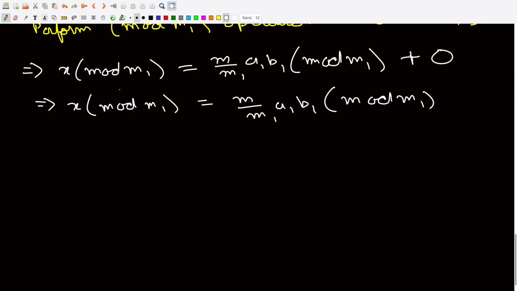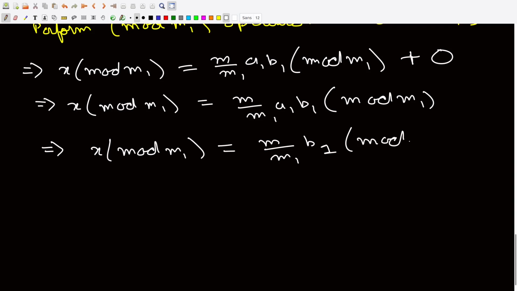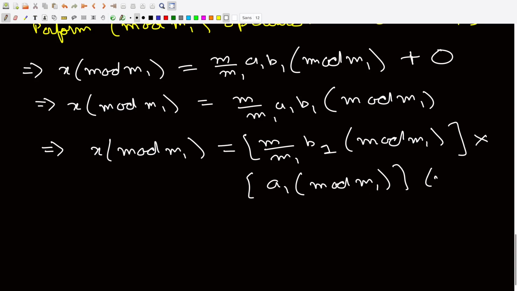Now let us look at this. X mod m1 is equal to (m upon m1 b1 mod m1) multiplied by (a1 mod m1), and then this entire term is mod m1, right?